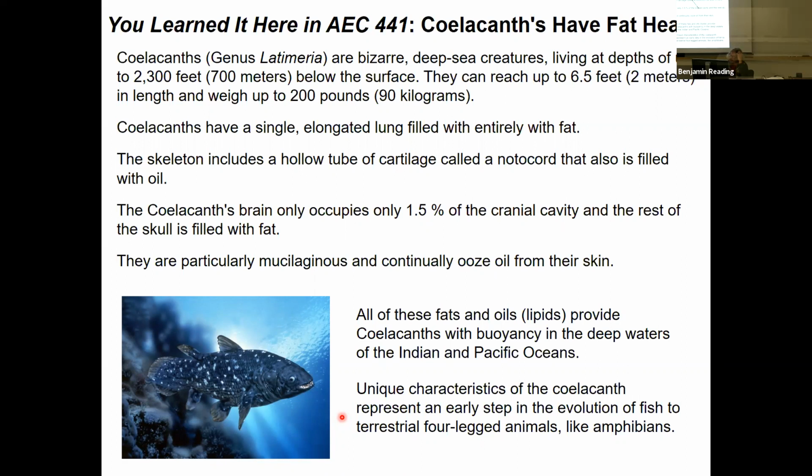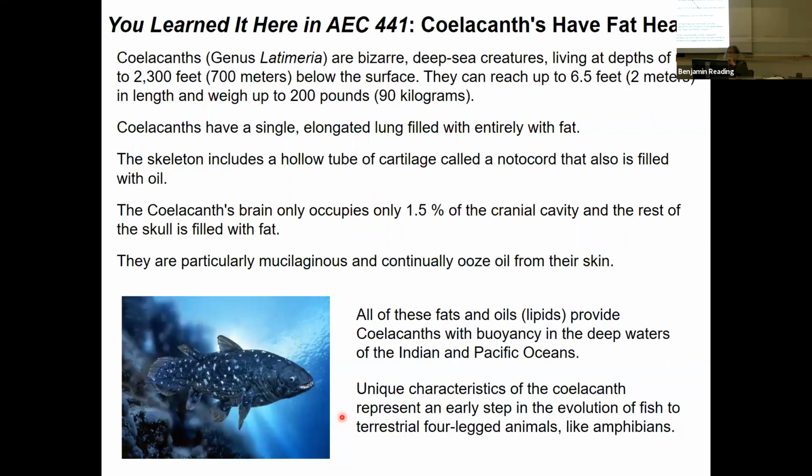In sharks, they store lipid in the form of squalene in the liver. But in bony fishes, teleosts, they can have this swim bladder, this air bladder that they can store gas in, because air or molecular oxygen is less dense than water.